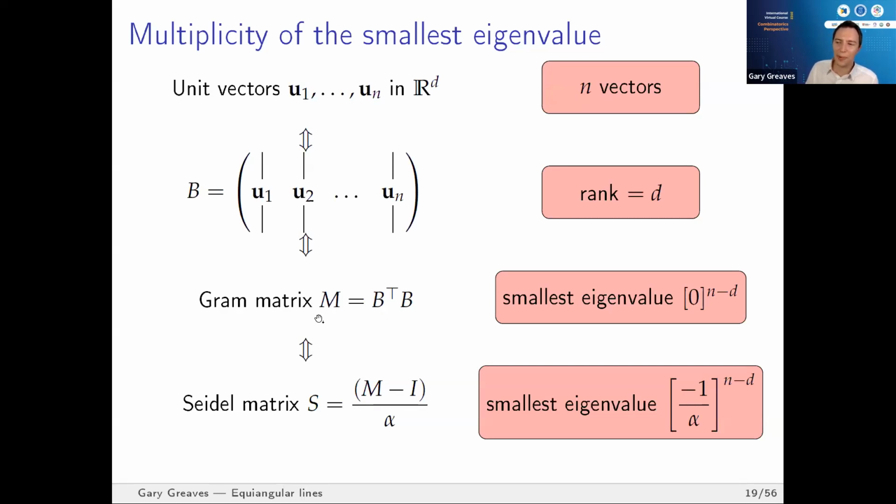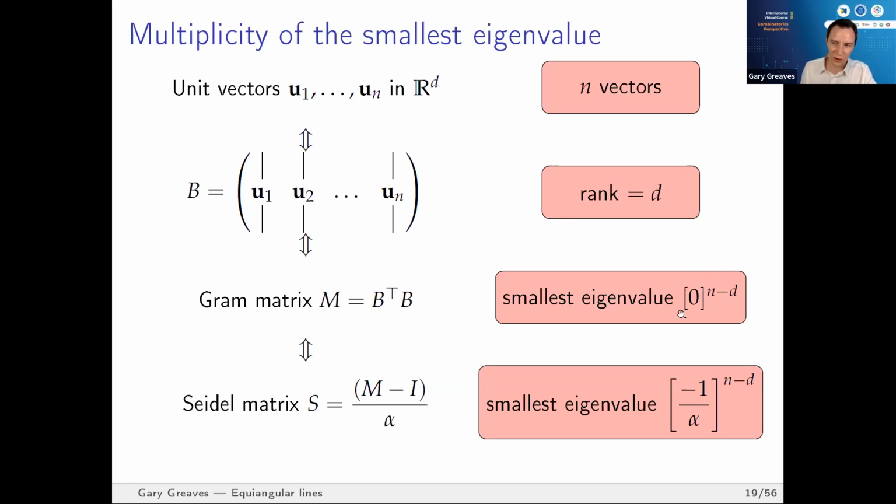Now, it's a Gram matrix, and it has this form, and so the smallest eigenvalue of this is 0. I'm not sure if you've seen this before, but this is a basic property of Gram matrices, that they're positive semi-definite, and therefore their smallest eigenvalue should be 0. Then you can use rank-nullity to work out that the multiplicity of the 0 eigenvalue is just n minus d.